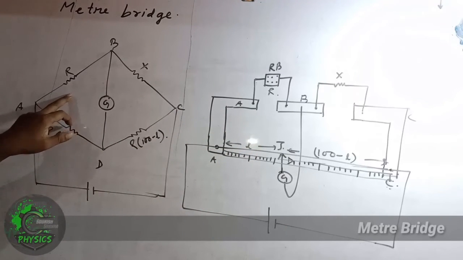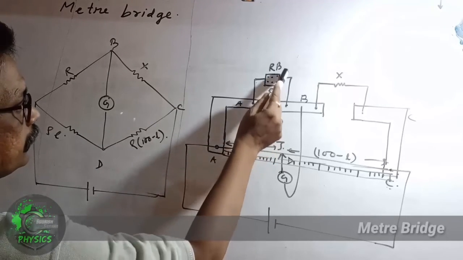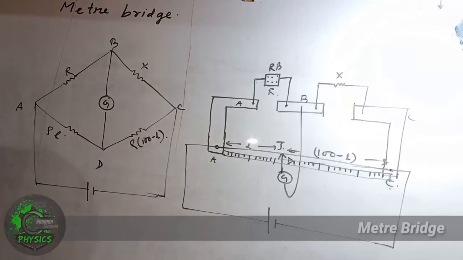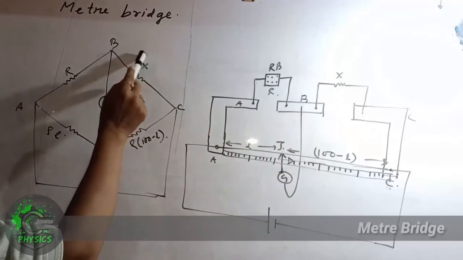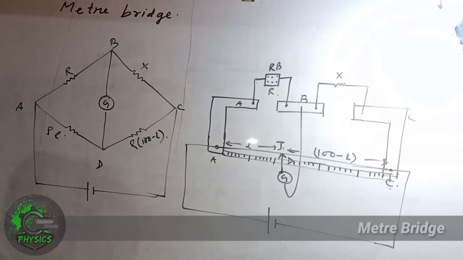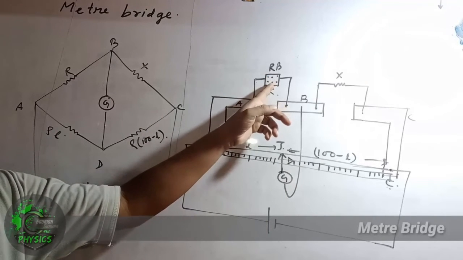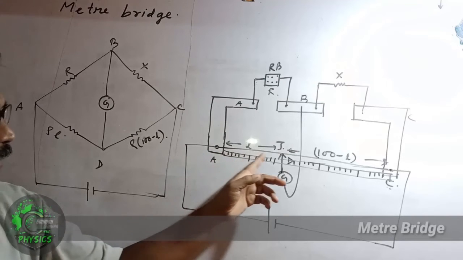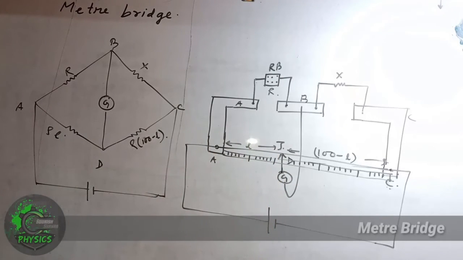Now, its equivalent diagram is shown over here. You can see between A and B the resistance box, let the resistance R, is connected. Between B and C, X is connected. Now, you have to fix the resistance of the resistance box in such a way that for a particular length L, no deflection is found in the galvanometer.